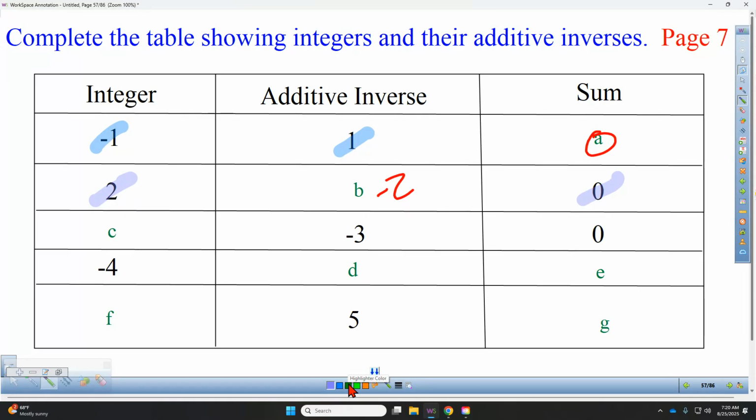If I have negative 3, what plus negative 3 adds up to 0? Hopefully, since they're giving us a negative, the opposite would be 3.